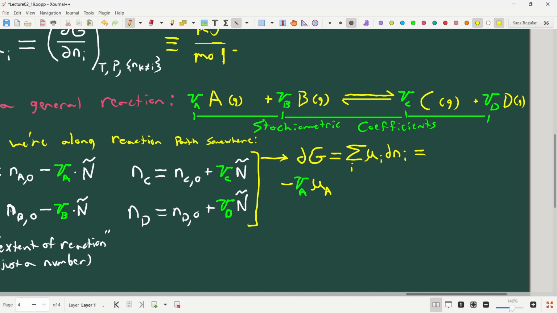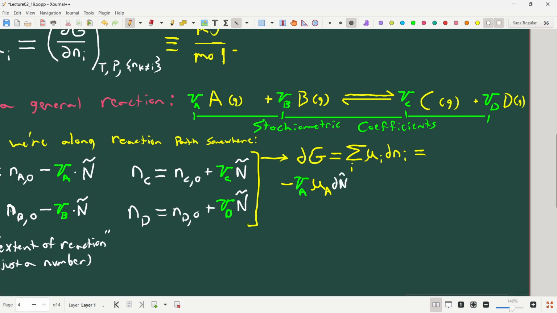What we're left with is just that the change in N is equal to the change in the clicks. dN_C is only proportional to dN click, because these are constants. So dN_i turns out to be just d click, like that.